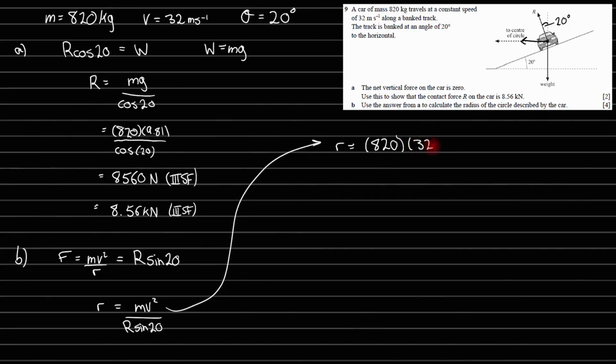Speed is 32. I have to square that. And that's all divided by the contact force R, 8560. I'll do a dot there to show that I'm using an unrounded version. And that's all times by the sine of 20. And plug in all of that into your calculator, you'd get a result of 287 meters. And that's been quoted to 3 significant figures there.